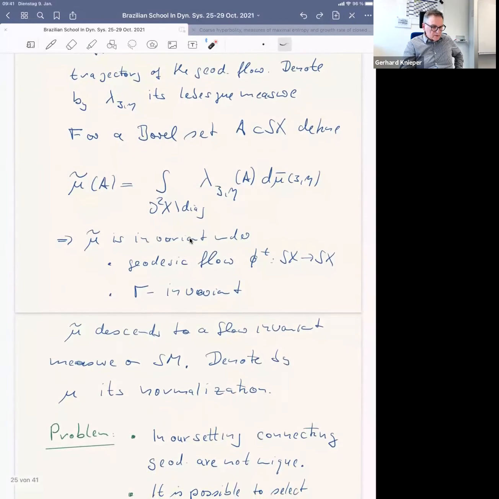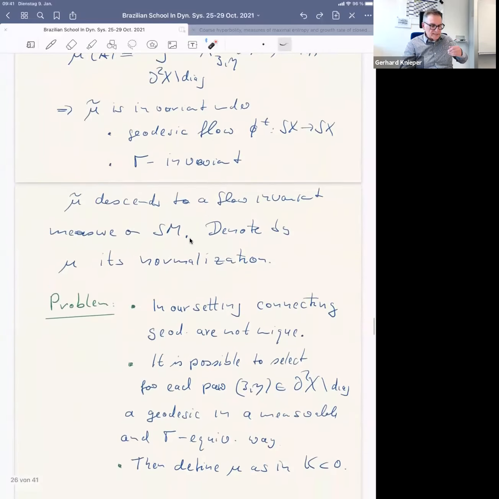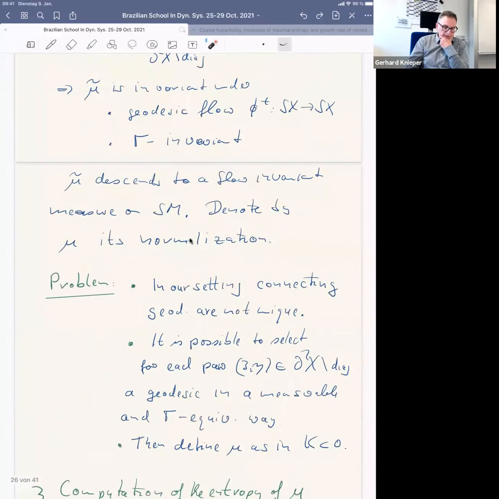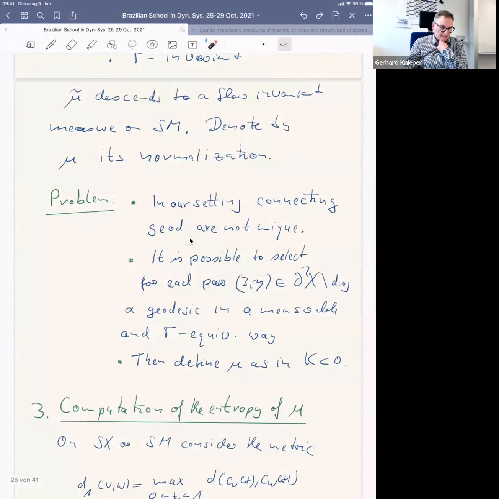So this would be okay in negative curvature, but we are not in negative curvature. In particular, we do not have a unique connection of points at infinity. And there comes a technical point, but it can be solved in a very abstract way. It's possible to select for each pair of points at infinity a connecting geodesic in a measurable and gamma equivariant way.